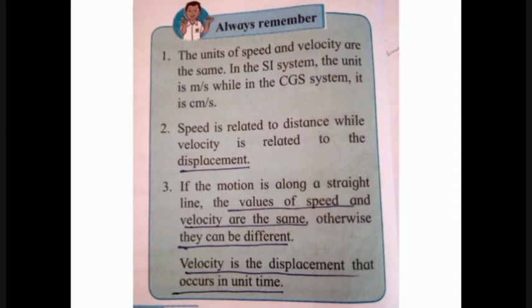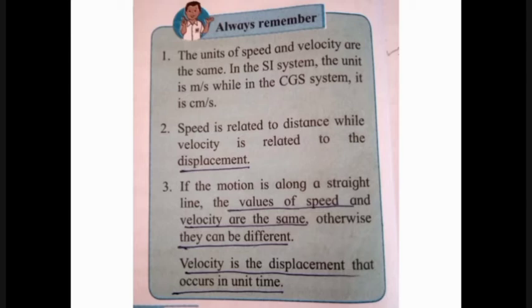From this, we come to know that the unit of speed and velocity are the same. Both of them are measured in meter per second in SI system and centimeter per second in CGS system.